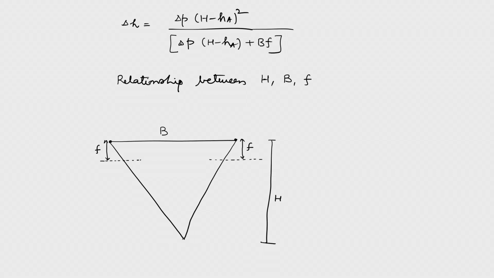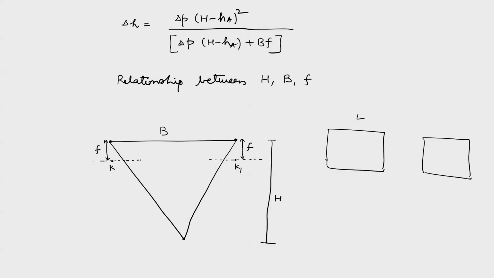Okay. Now, you can see very easily here that let us say this is the principal point K of the first image and this is the principal point K1 of the right image. Now, since the two images have a common overlap of 60% or so, what will happen if I draw these two images, left and right? The left image will have point K around the center and similarly it will have point K1 along the flight direction.